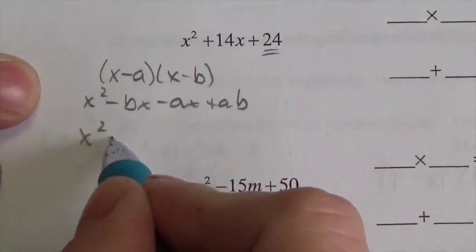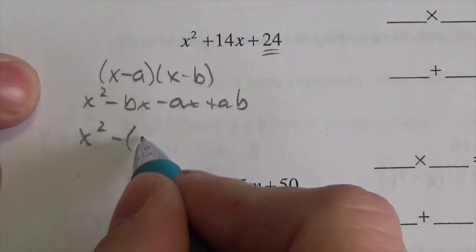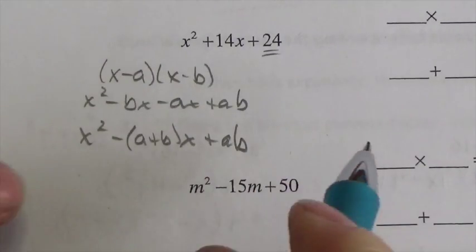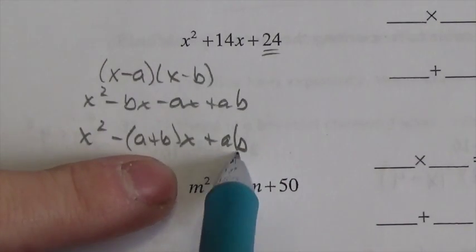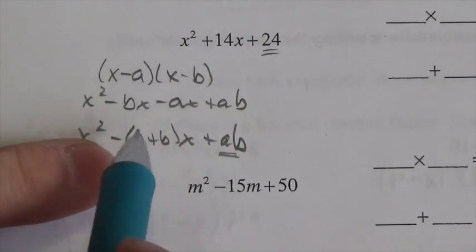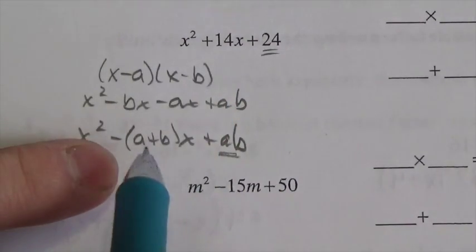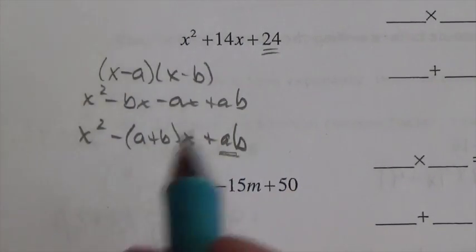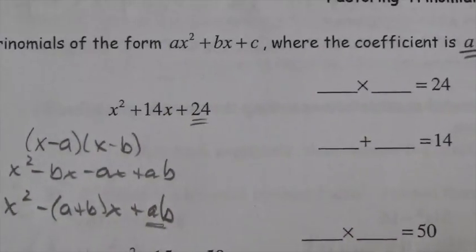And when I simplify this, I would get x squared minus (a plus b) x in the middle, plus ab. Notice that the final number there is the product of two values, and that middle coefficient is the sum of two values. Now granted, it might be negative, could be positive. That's what we've got to figure out here. So that's how we're going to work this through.